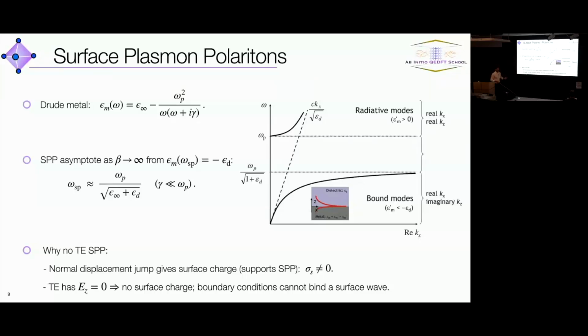Okay, so if you had surface charges, that would be different. But here, the assumption is that there are no surface charges. So it's purely arising from the fact that the bulk has a plasmonic resonance, and you put an interface.